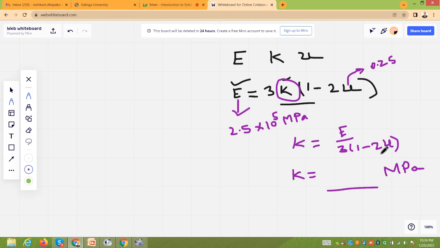Take the inverse of that and multiply it by the value of E. So what is the value you are getting?